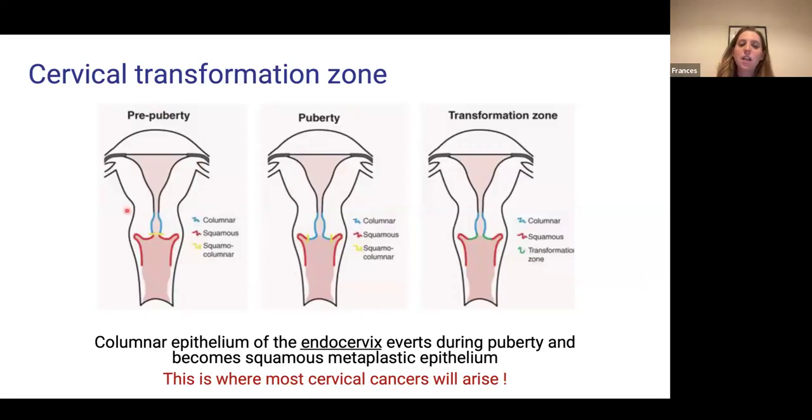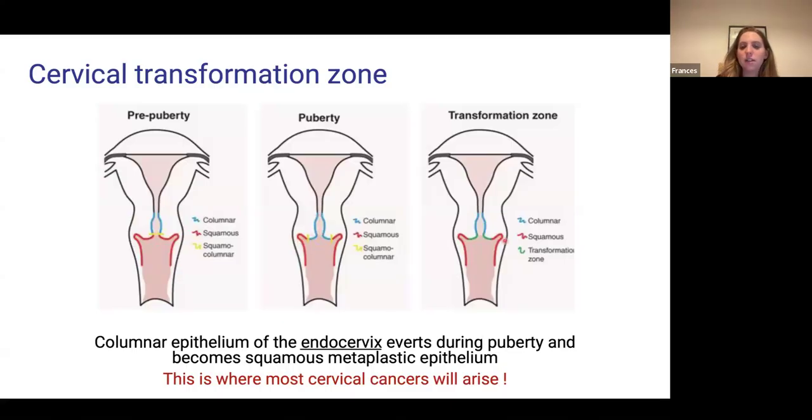So effectively, in your cervix, you have your endocervix, the bit that's inside, and then the ectocervix, the bit that's facing the vagina. And what happens is that around the time of puberty, some of your endocervical cells, which are columnar cells, are going to migrate downwards into the transformation zone where you switch from this columnar cell to the squamous cell of the vagina. So you have this switch, and they'll migrate outwards, and they essentially evert.